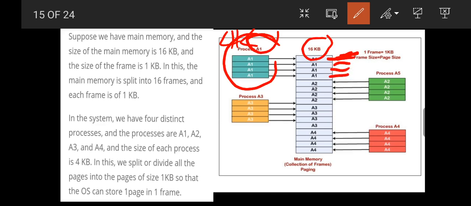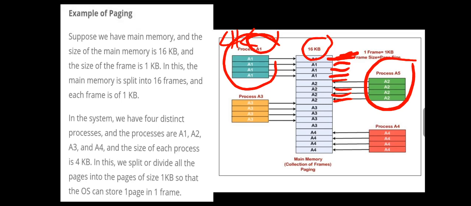After na, same with process 2. Kay by 1 KB man siya, divide siya into 4. Same with process 3 and process 4. So, inana ang iyang pag-paging sa imong process sa imong memory.